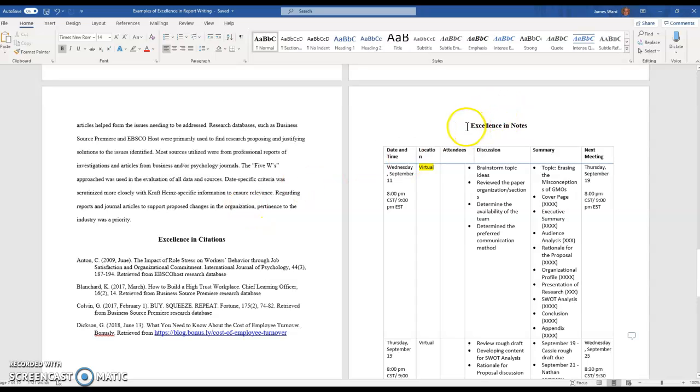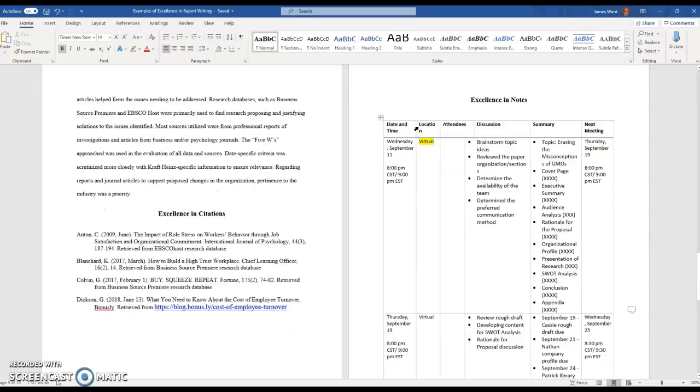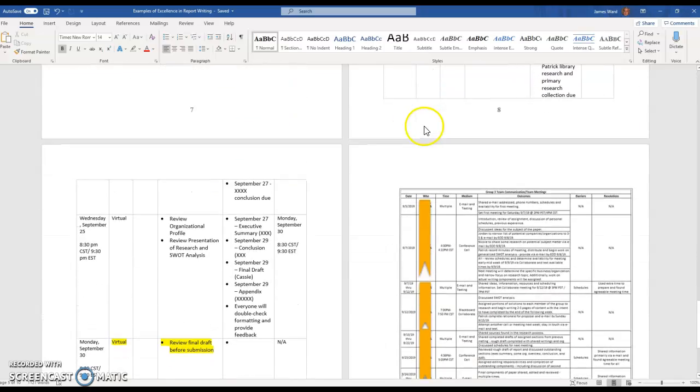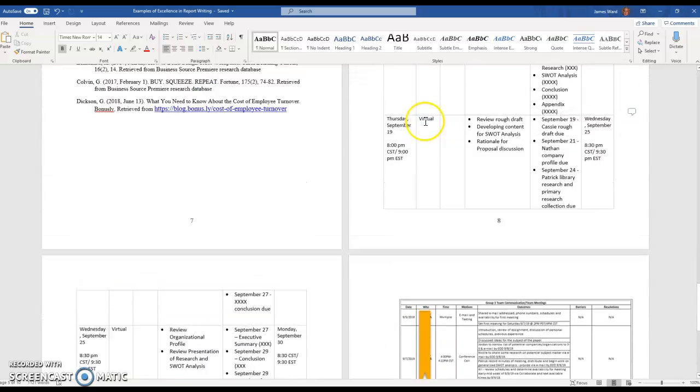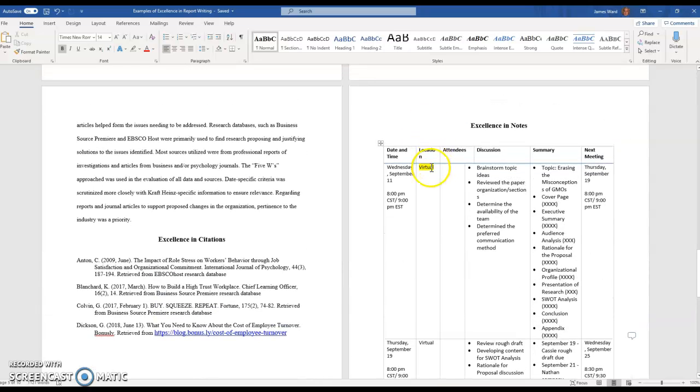Now let's look at the notes. This team, and I've eliminated, I think, everybody's name, simply made a word chart, okay? And what I want to point out is the use of virtual meetings. Collaborate is built into Blackboard.